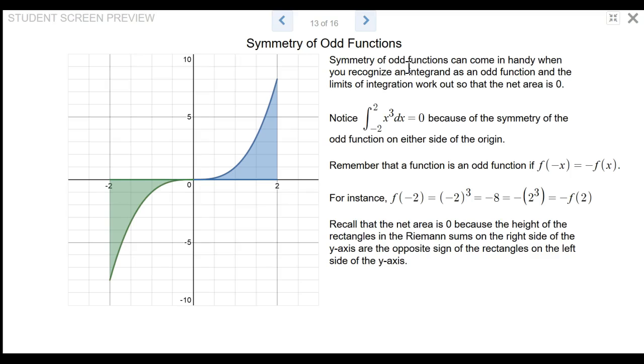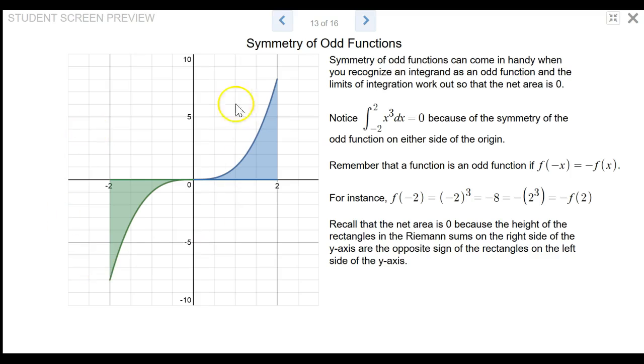If you have an odd function on an interval such as -2 to 2, where the upper limit 2 is the opposite of -2, because the heights of the rectangles here are negative values, yet they're the opposite of the heights of the rectangles here, we saw that they canceled out, right?